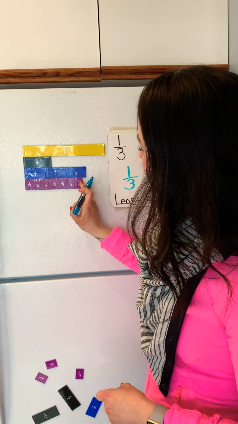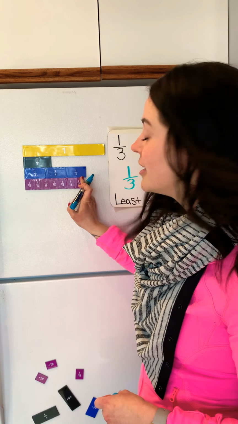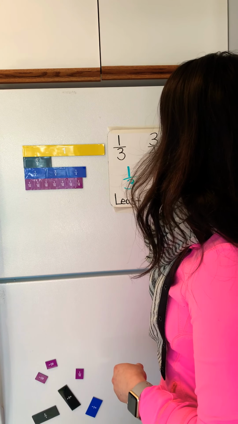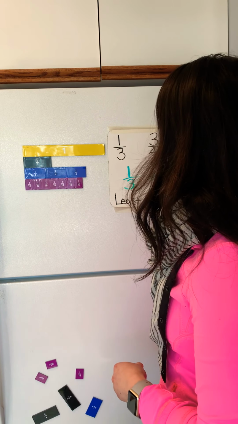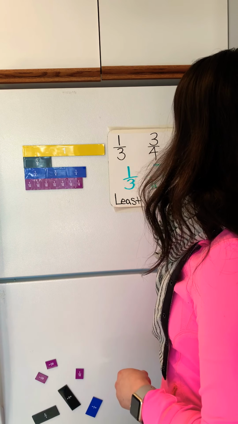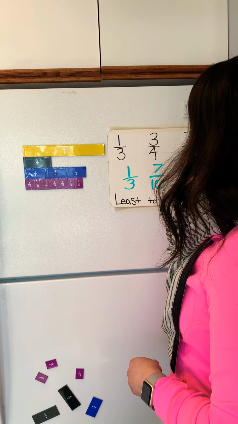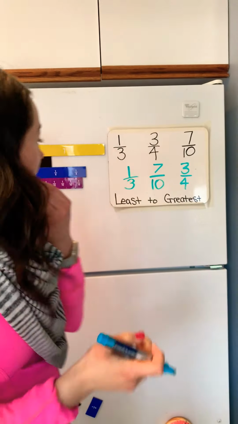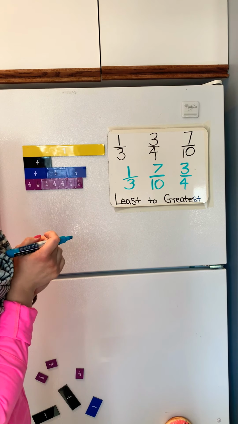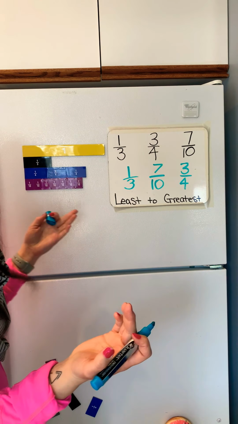Well, I noticed that 7/10 isn't quite as much as 3/4. So 7/10 is actually my next biggest, which then leaves 3/4 as the biggest fraction here. Now I can double check that and I can say, okay, looking at this picture, which one is the largest?